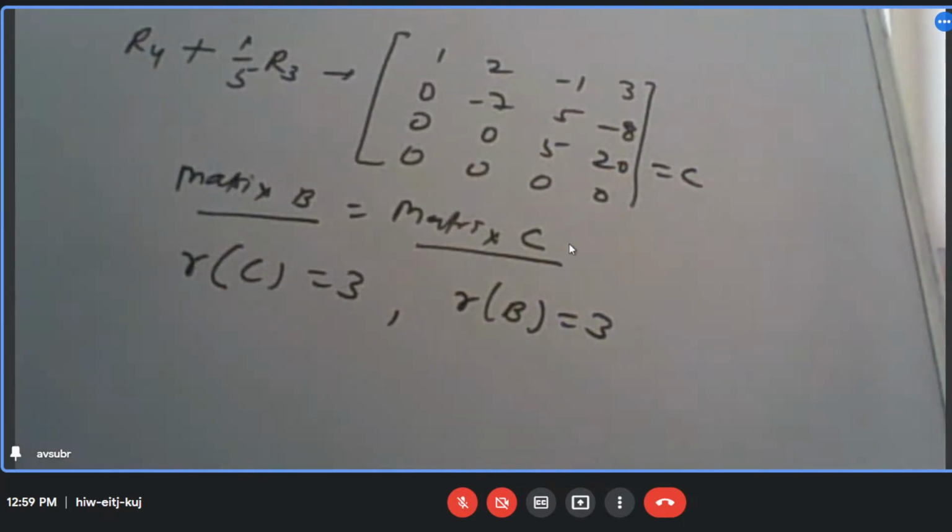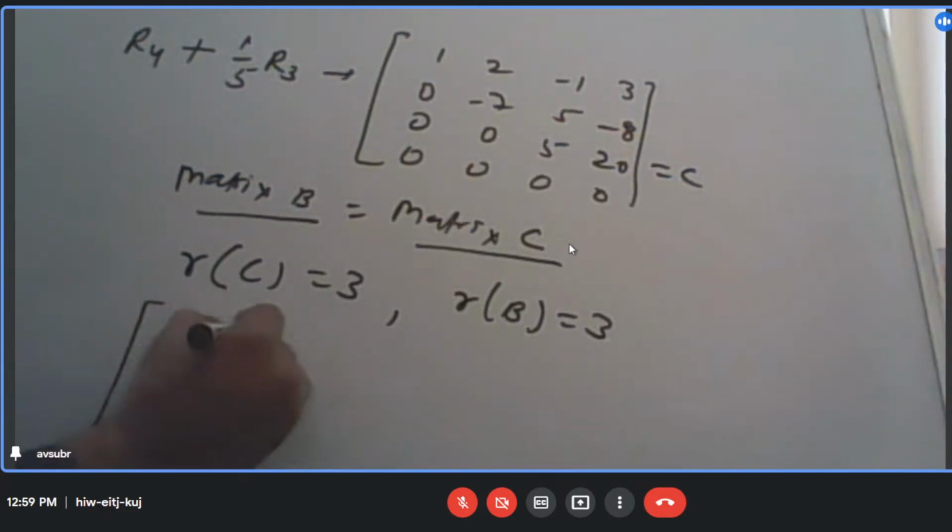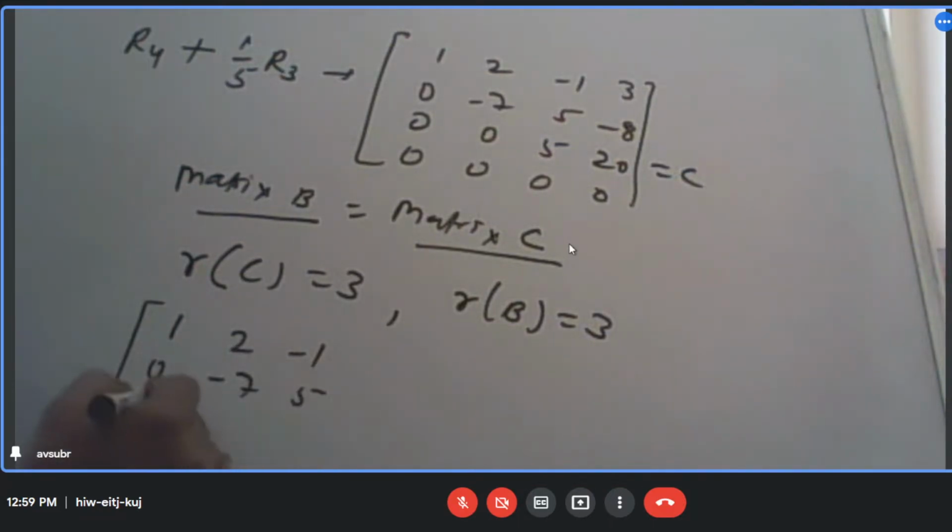Is it or not? Yes, sir. So I will have to remove one column, so that we get 1 2 minus 1, 0 minus 7 5, 0 0 5 and 0 0 0.